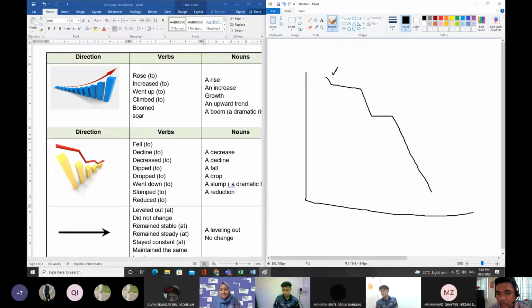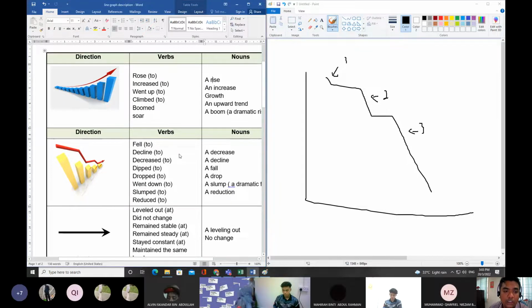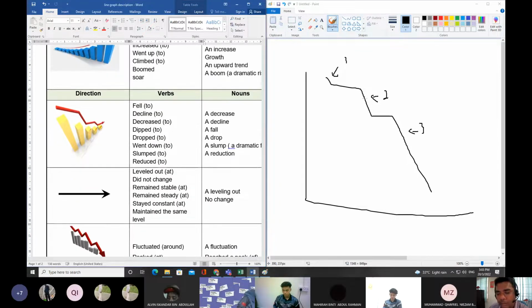So again, as you can see here, we have situation number 1, situation number 2, and situation number 3. So 1, we can call it a small decrease. Number 2, a decrease. And number 3, a big decrease, a huge decrease, or a large decrease.